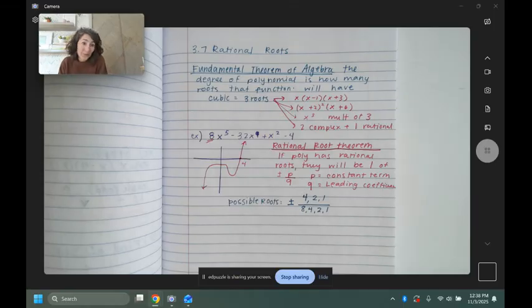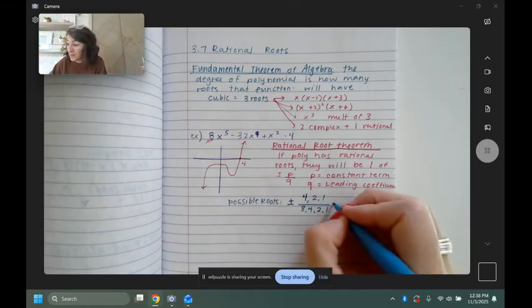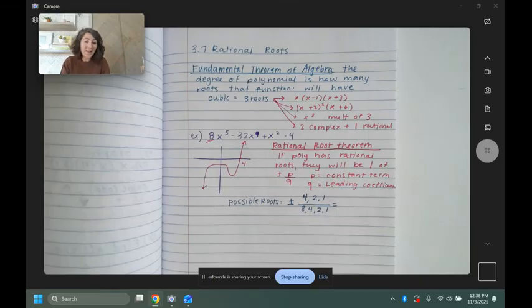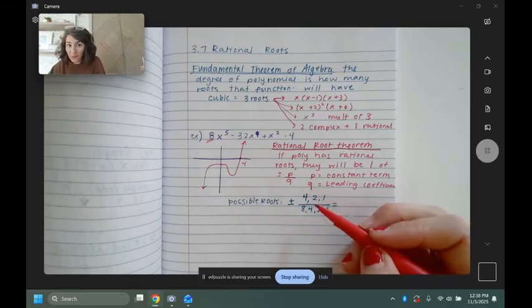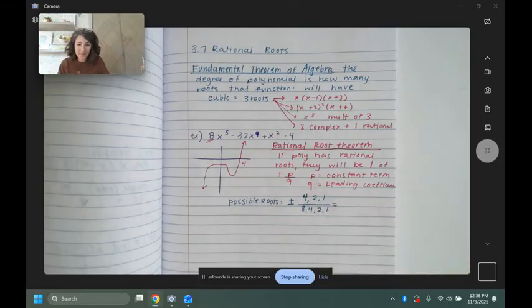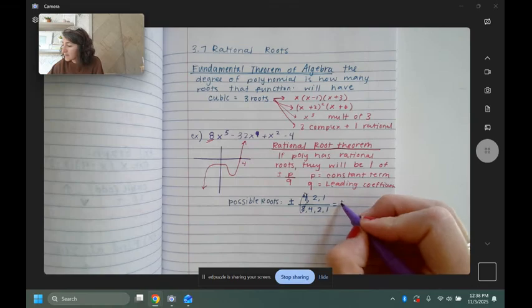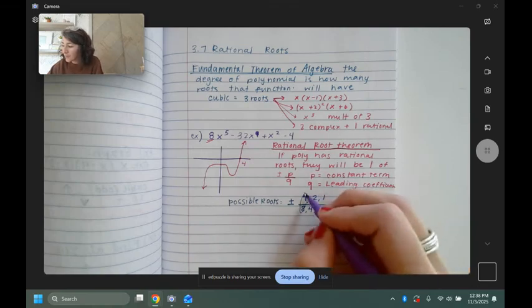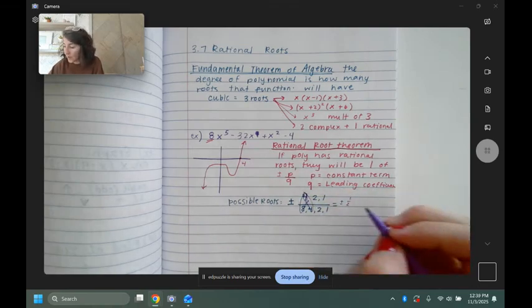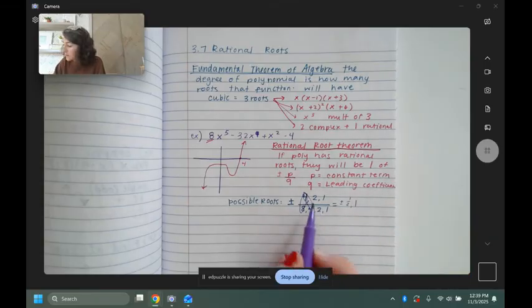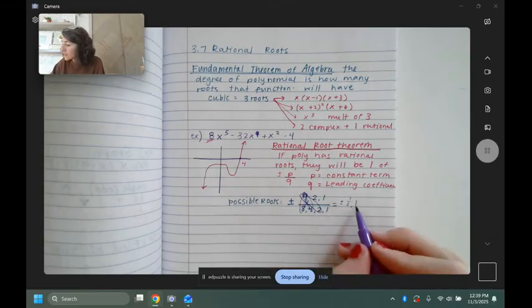Now, this is a division problem, so let's go ahead and divide. I'm going to do this in a careful order. 4 divided by 8 is 1/2. 4 divided by 4, 1. 4 divided by 2 is 2.